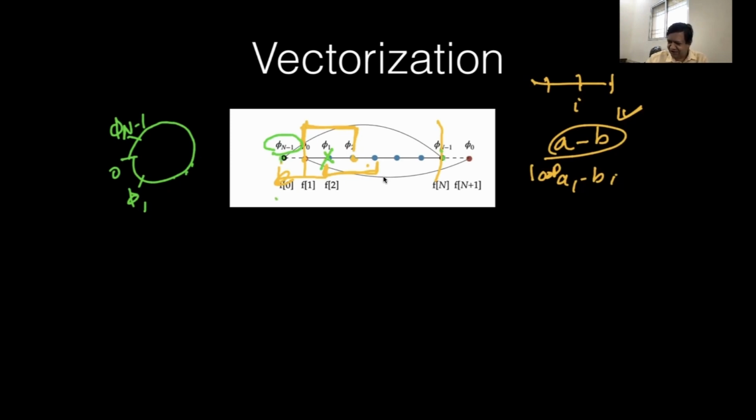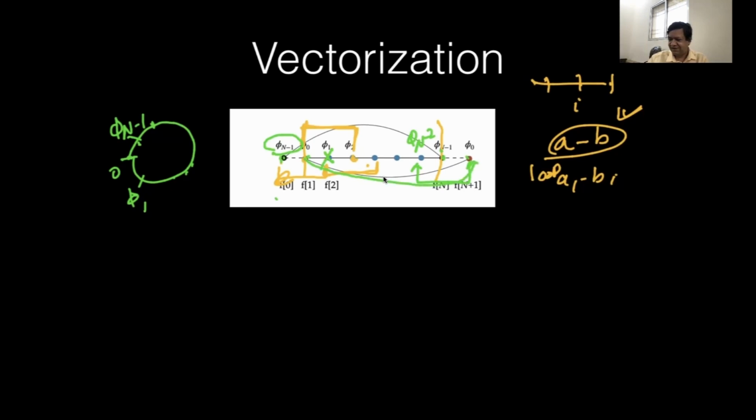Similarly, for phi n minus 1, I need 3 points, and the left point is available, it's phi n minus 2, but the point to the right is what? Phi 0, and phi 0 is sitting here. So we make a copy.